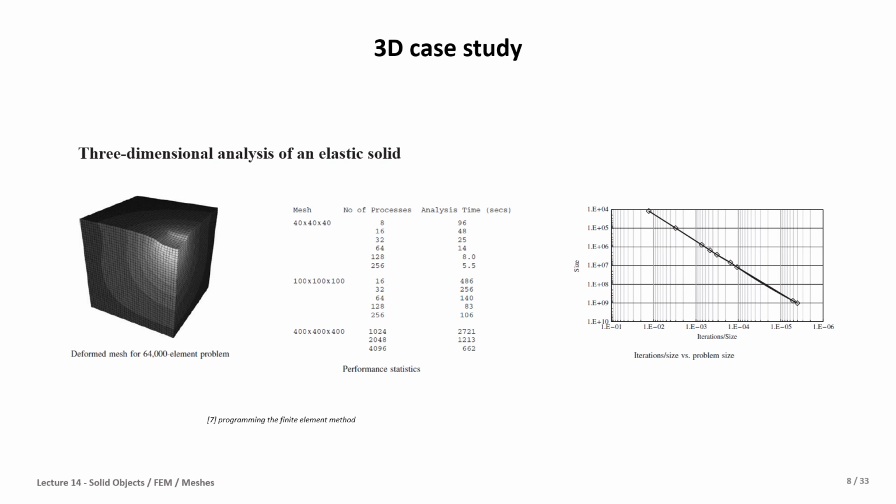And in this figure, we can see what happens when the size of the meshes goes up, and when the number of iterations, the iteration ratio, goes with the computing. This is the iteration size versus the problem size.